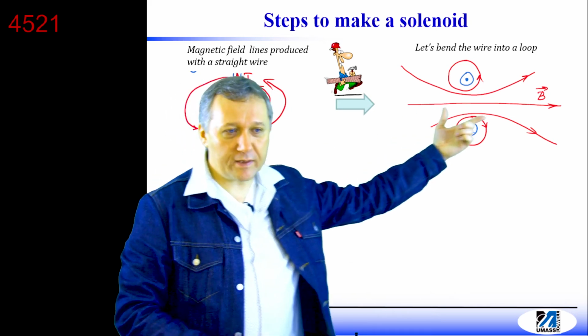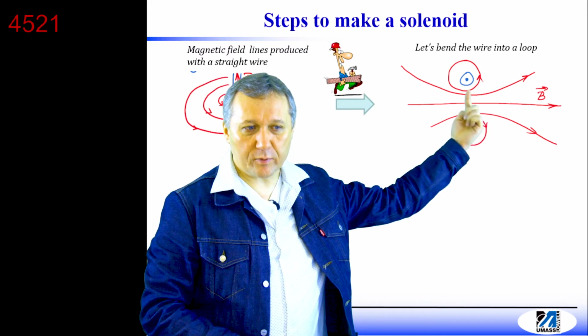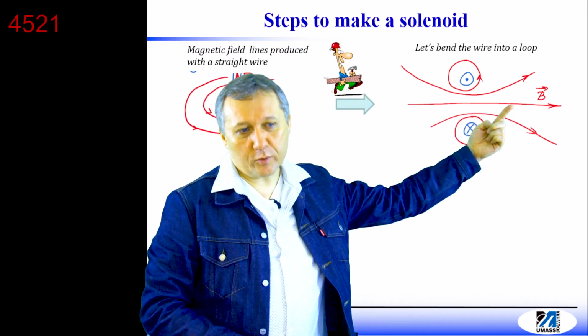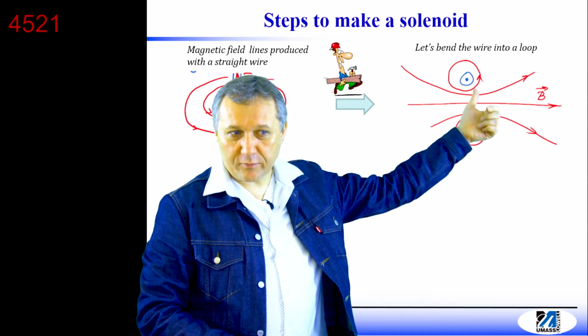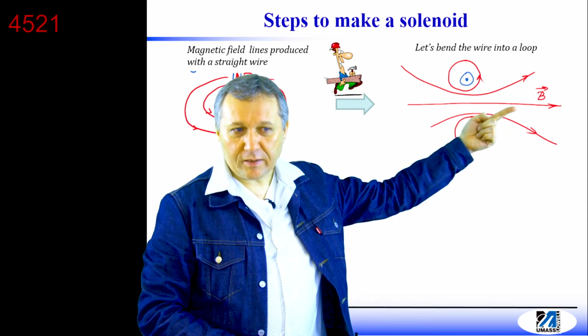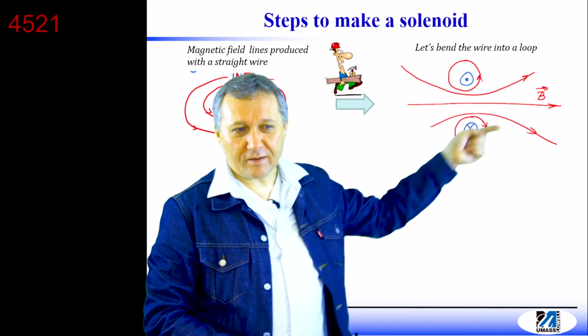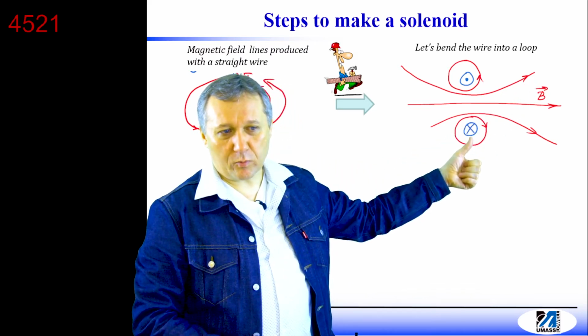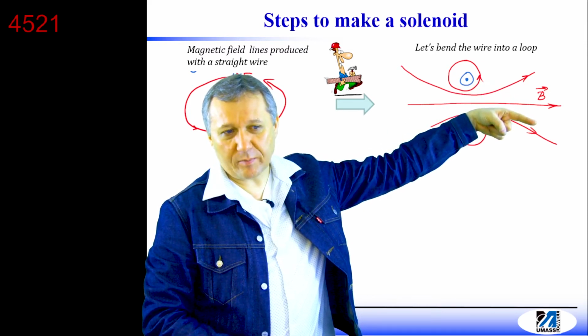And if you look at the center, for example, at this point equidistant from both wires, what are you going to get there? You will get two magnetic fields, created first by the top wire, which will point that way, then by the bottom wire, which will point this way, and the same in magnitude.